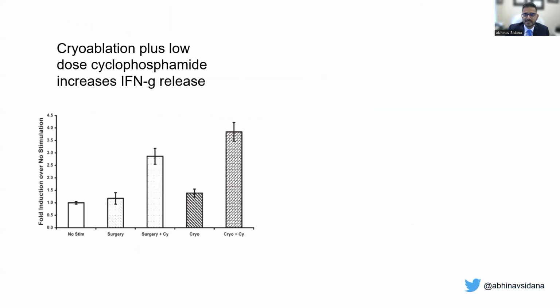We extracted CD4 positive lymphocytes from the spleen and draining lymph nodes from these mice and stimulated them with AH1, which is an immunodominant epitope on CT26 cells. The lymphocytes from the cryo plus Cy treated animals demonstrated increased expression of interferon gamma, proving that this immune response was specific to the CT26 cell line.